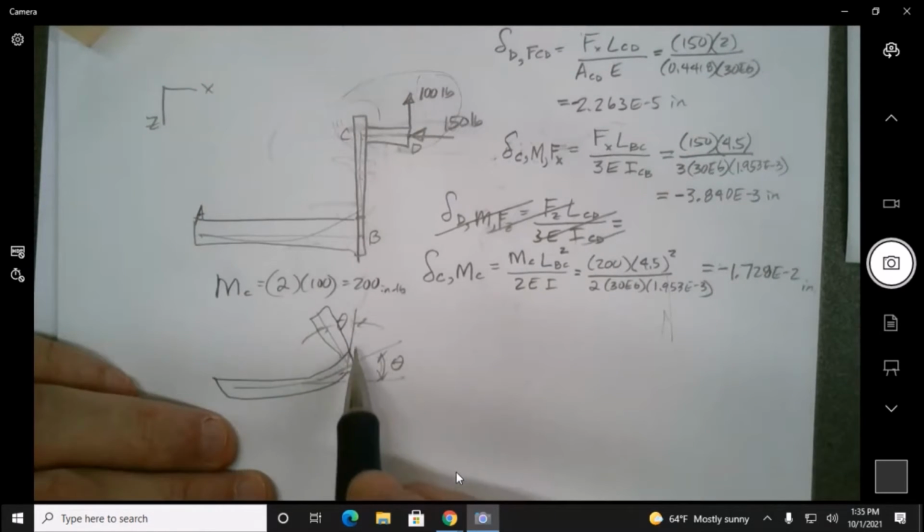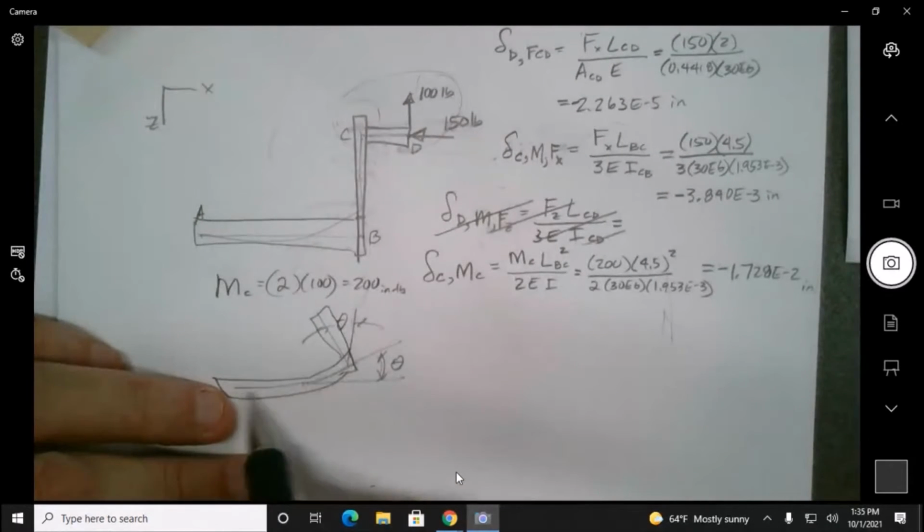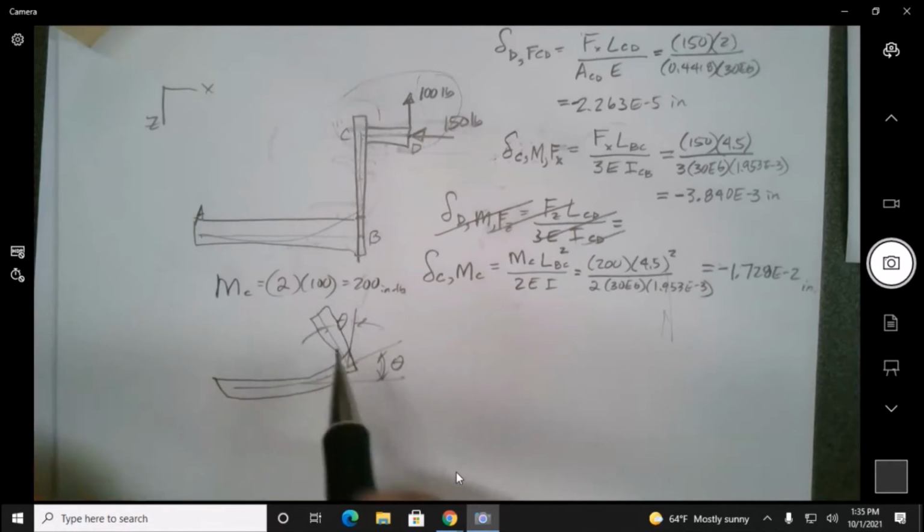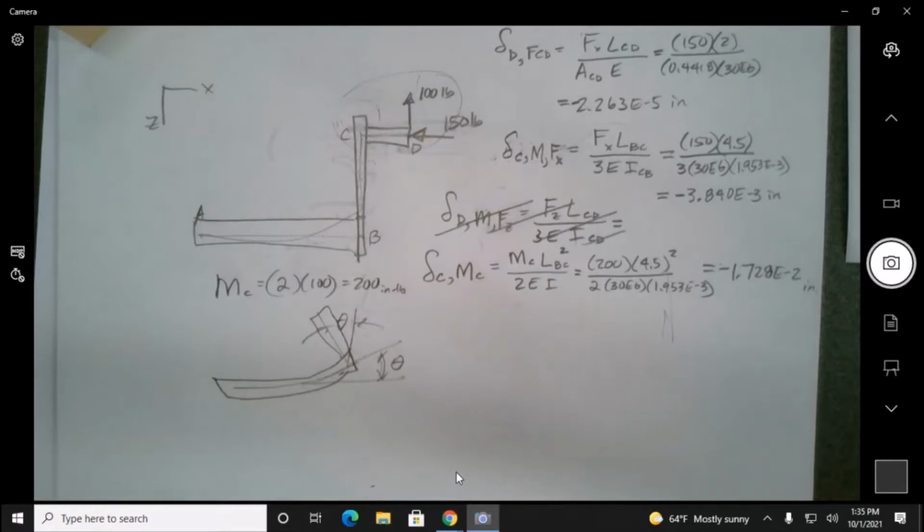And then the way this thing is bending, it's going to be because it has a moment around the end. So it's actually, let me see if I'm saying this correctly. Oh, it's actually going to be two separate ones.